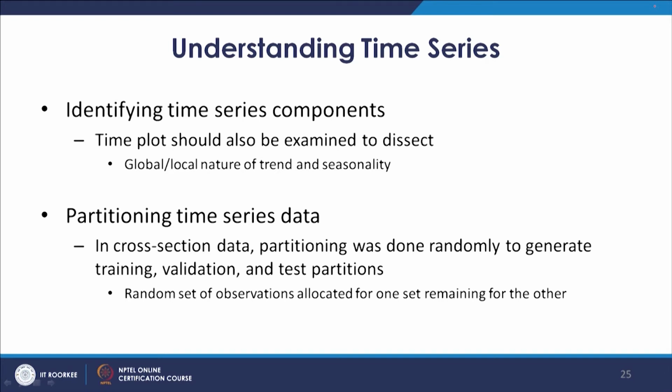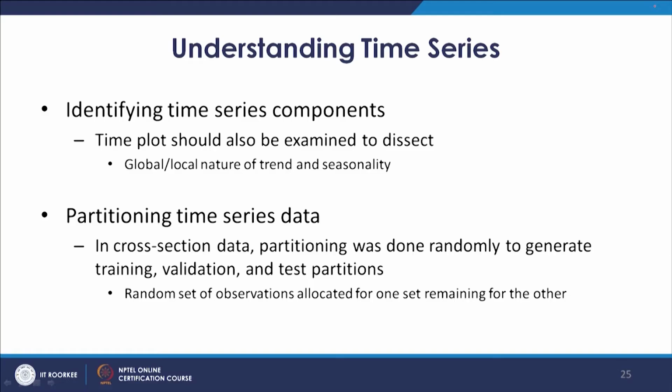Now, let us move forward. Next point about time series is partitioning. Partitioning time series data is quite different from what we have discussed in the previous course and also in this course in the other module. In cross section data, partitioning was done randomly to generate training, validation and test partitions. A random set of observations was allocated to one set, and the remaining observations were left over for the other set.